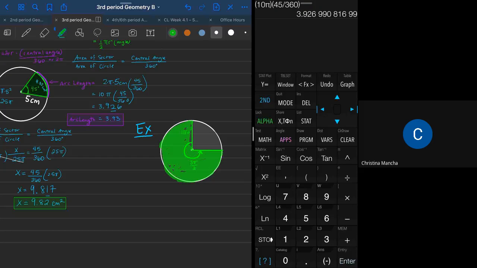So again, we're using the same formula, but now instead of using 360, we're going to use 2 pi as our full circle, okay?